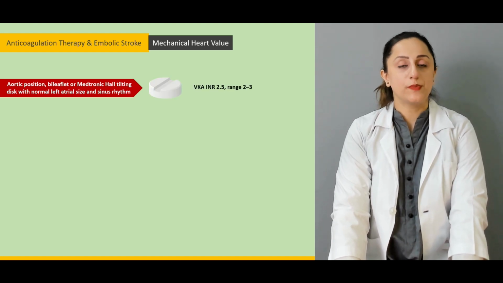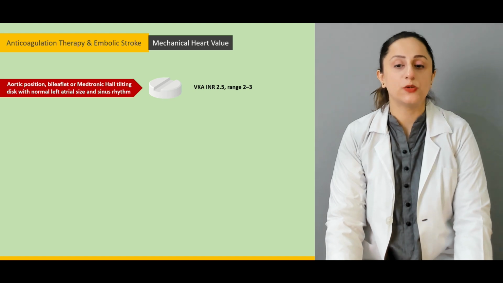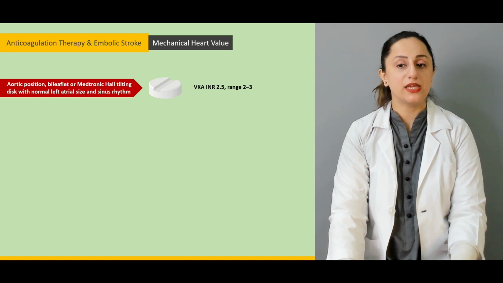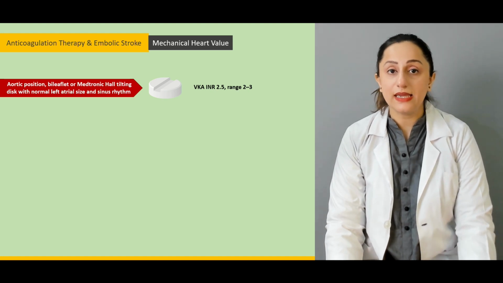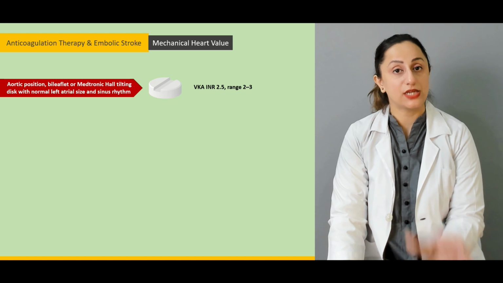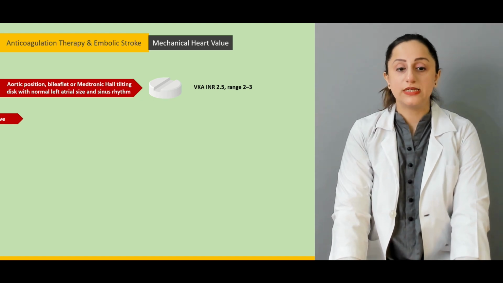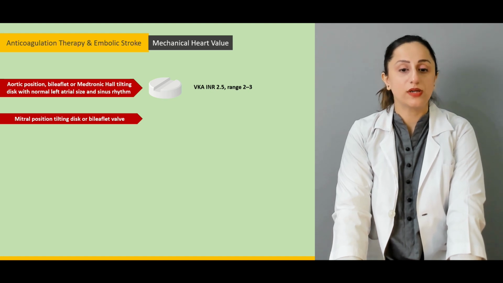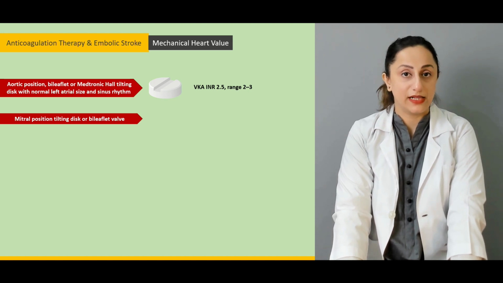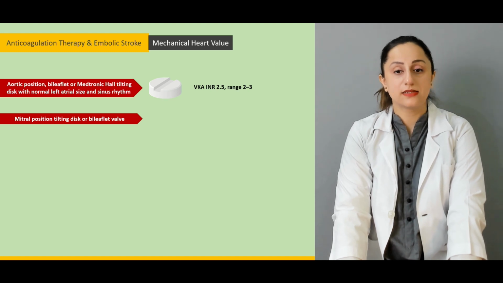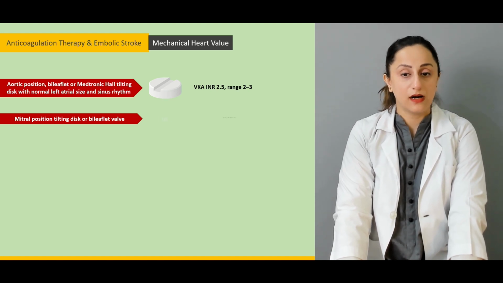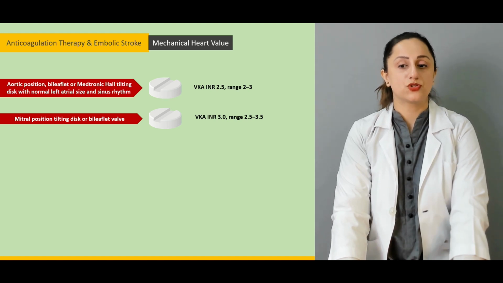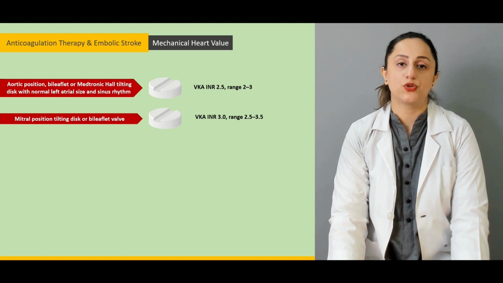Then we're going to prescribe the patient a VKA if the INR is 2.5 and the range is 2 to 3. So this is the criteria that has to be fulfilled for these particular individuals. Then if the mitral positioning is a tilting disc or a bileaflet valve is seen in this mechanical heart valve, the VKA is prescribed if the INR is 3 and the range is 2.5 to 3.5.